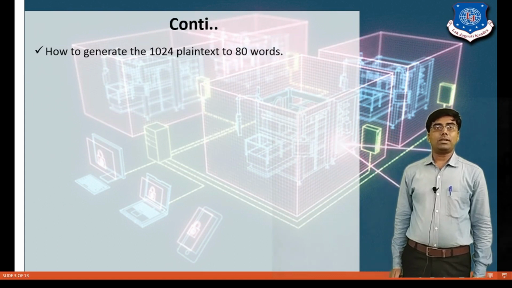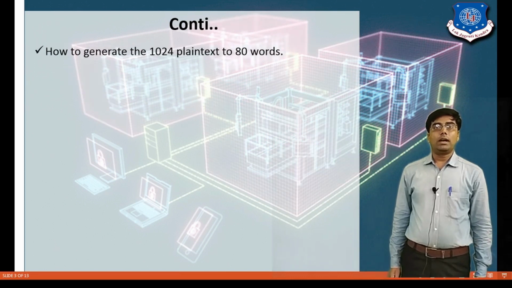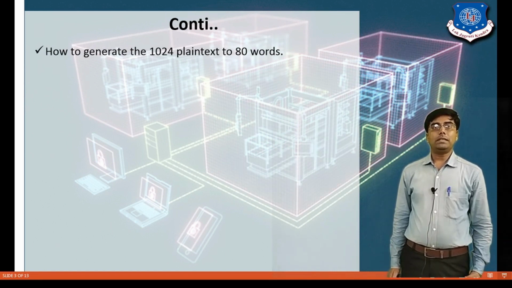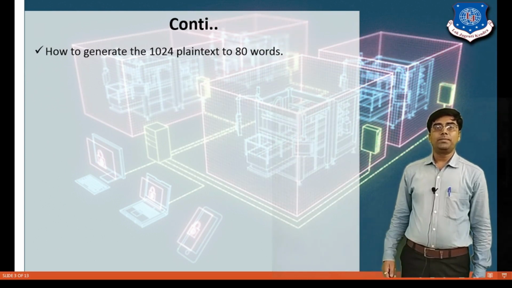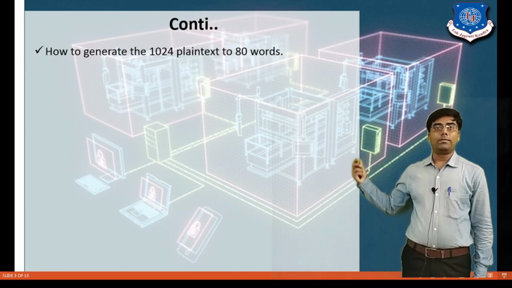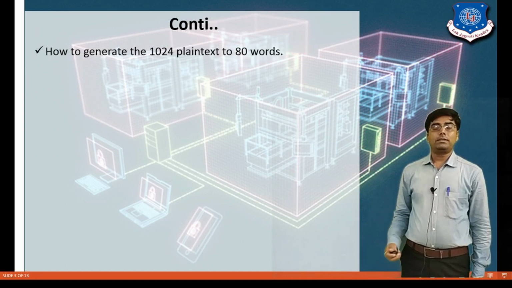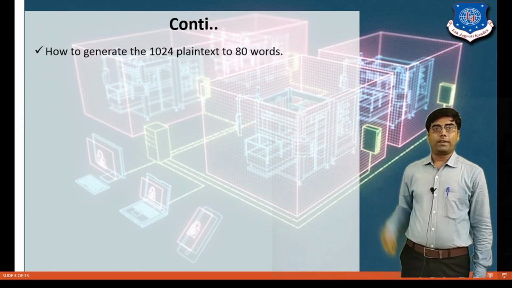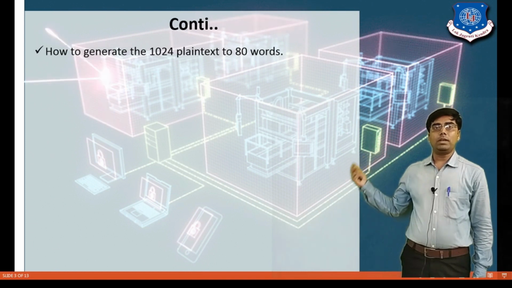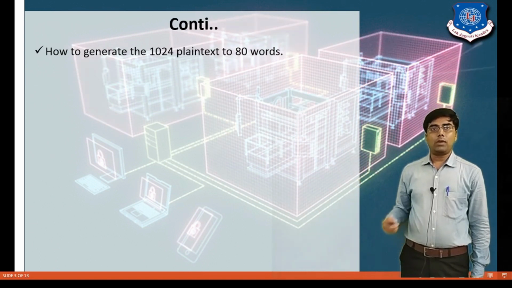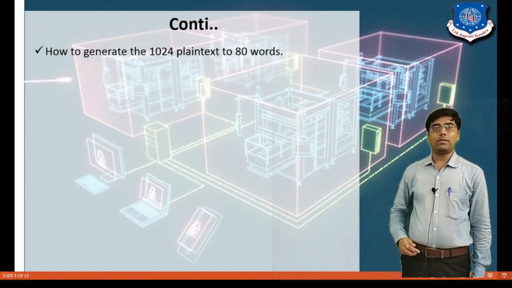In the previous session, we have already discussed SHA 512 and why we need it, and how to generate the fixed length code. In each and every round, we require three inputs. The first input is the constant, the second is the word generated from the plain text, and the third is a buffer. The output will be given to the next round, round 2, round 3, up to round 79.